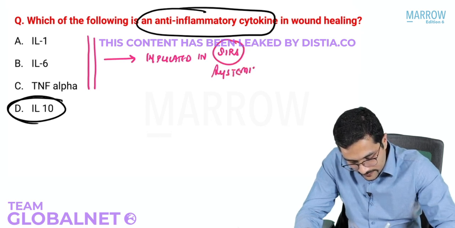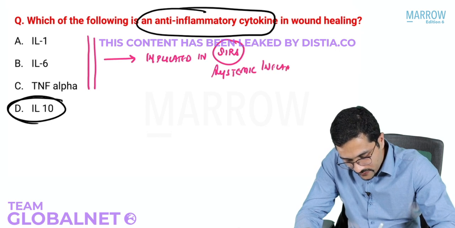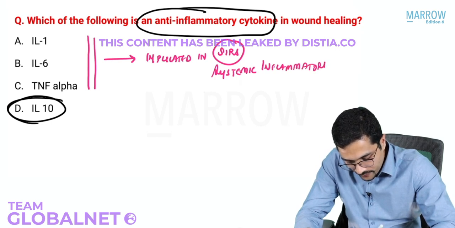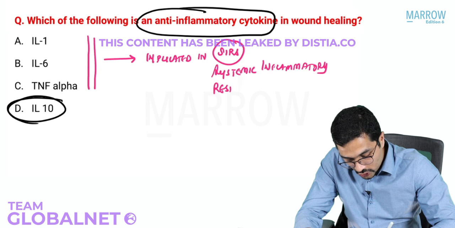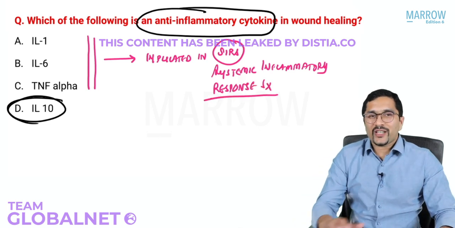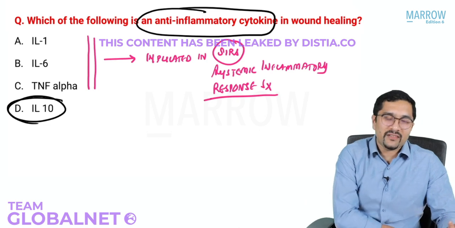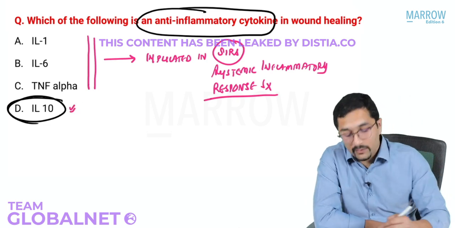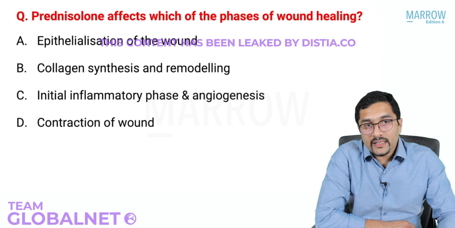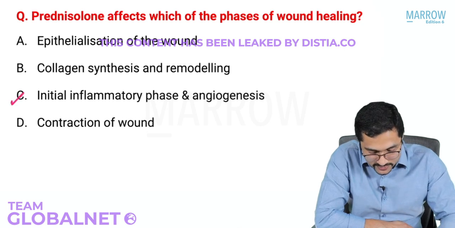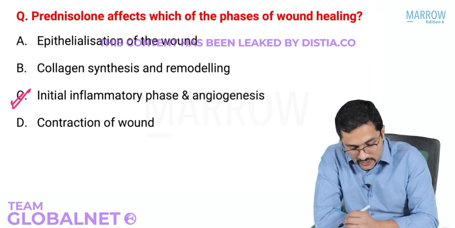Systemic inflammatory response syndrome, which I've covered in the module on shock. So just by elimination also, you can remove these three and you'll just be left with IL-10, which is the anti-inflammatory one. Prednisolone affects which phase of wound healing? This I told you is the initial inflammatory phase and angiogenesis.